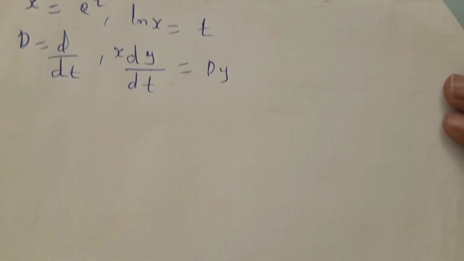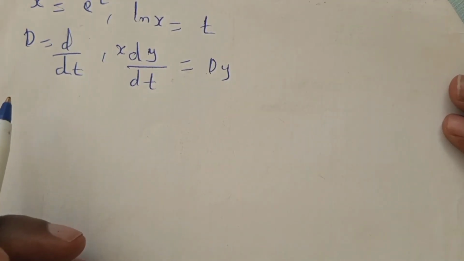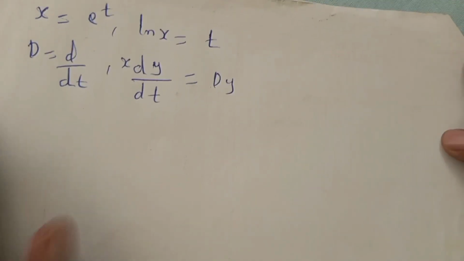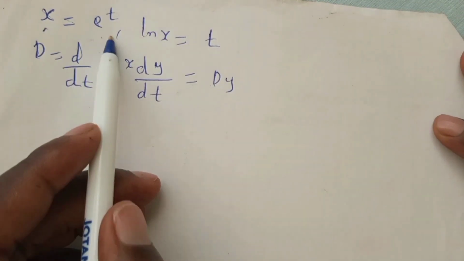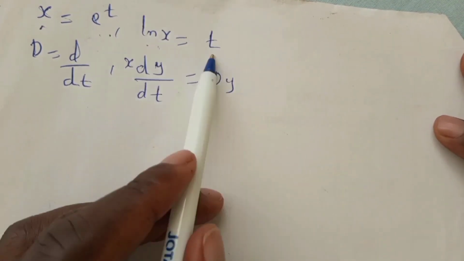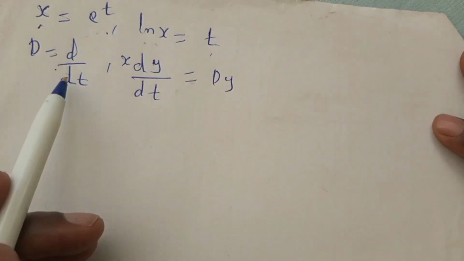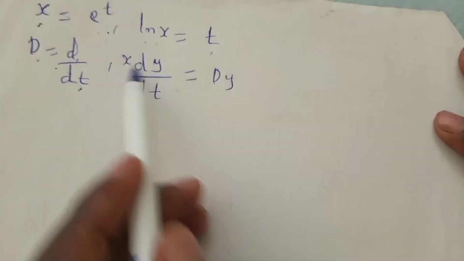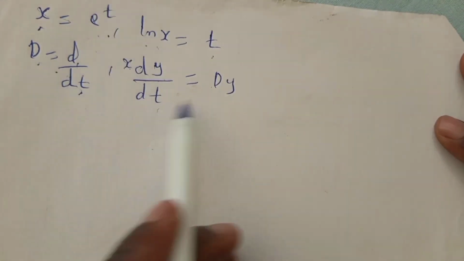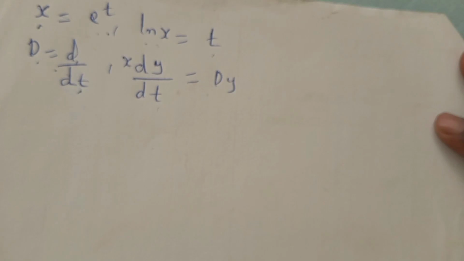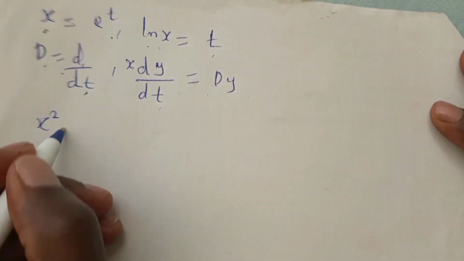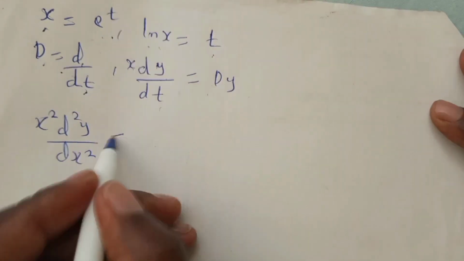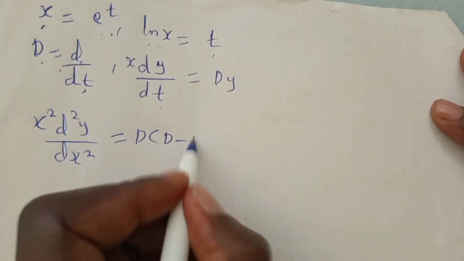So in general, to solve a linear ODE with variable coefficient, we make the following substitution: x is equal to e^t, so that natural logarithm of x is equal to t, and we also substitute d over dt as capital D, so x dy over dx is equal to Dy, and then x squared second derivative of y with respect to x is equal to D into bracket D minus 1.